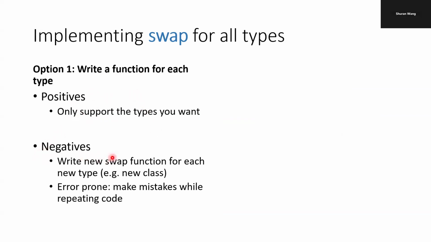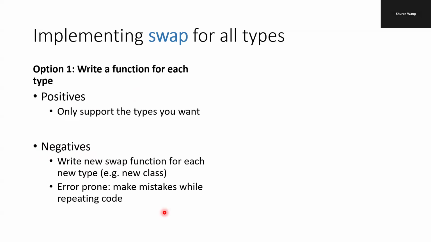But the negative is that you need to write a new swap function for each new type that you add, and that's a lot of copy and pasting. And if you want to change one copy, you'll need to change all of them. In this process, you might miss some of them, which is not desirable, and it's very hard to debug.